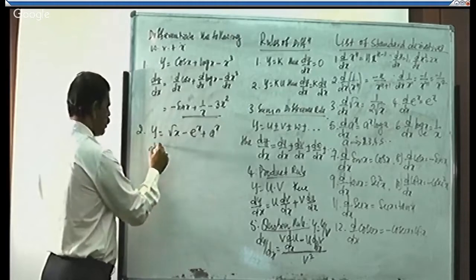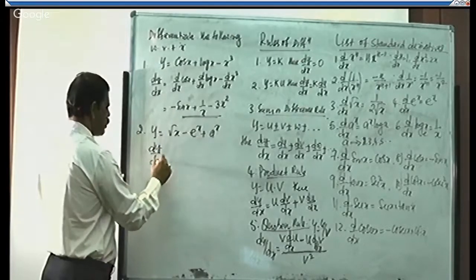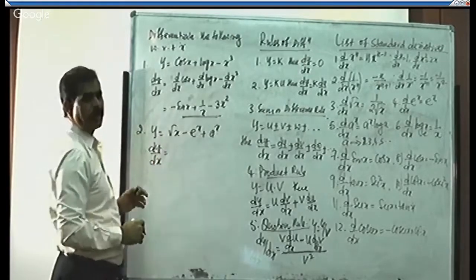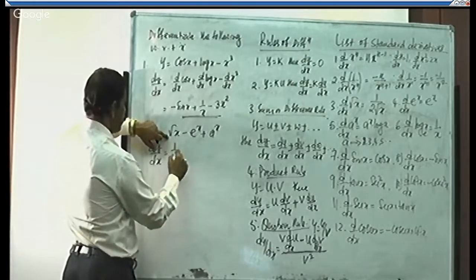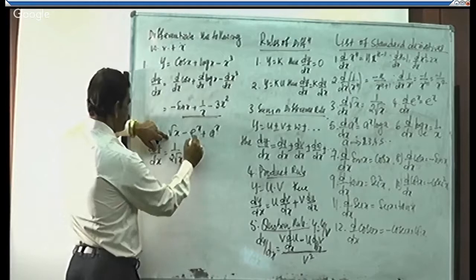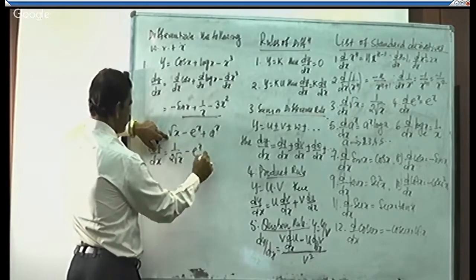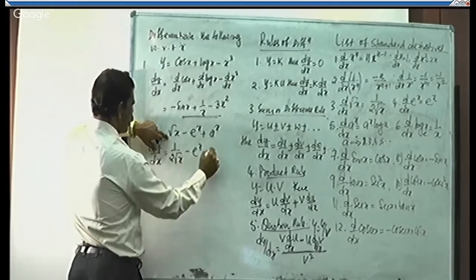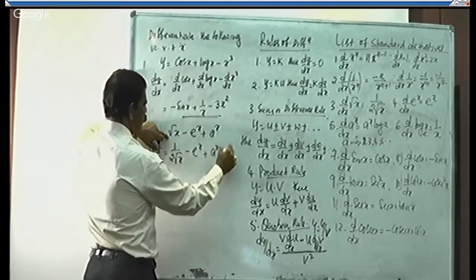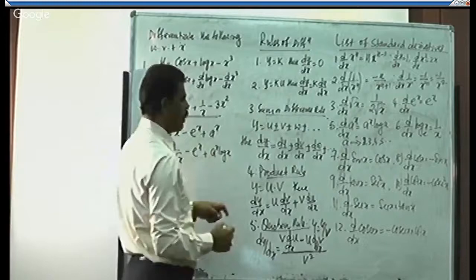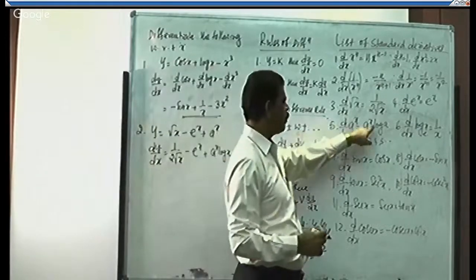Then dy by dx, differentiate with respect to x. Differentiation of root x is 1 by 2 root x, minus differentiation of e power x, which is e power x, plus differentiation of a power x, which is a power x into log a.